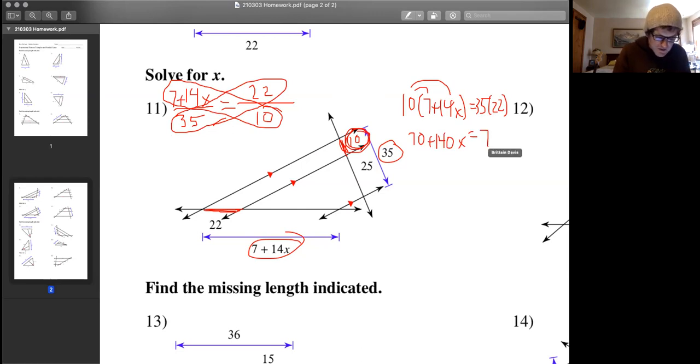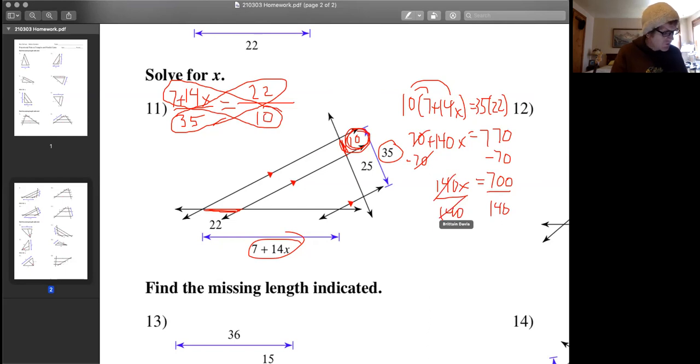And that's 770. Now I can subtract 70 from both sides. So I get 140x equals 700. Now I can divide both sides by 140. And 700 divided by 140 is 5. So x equals 5.